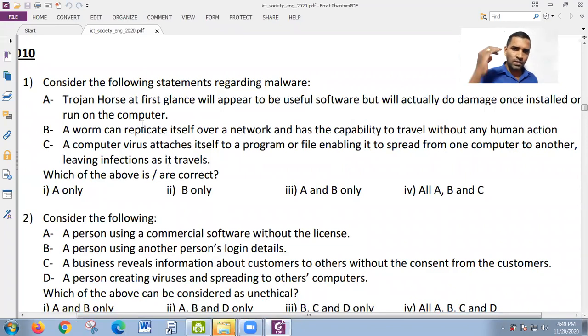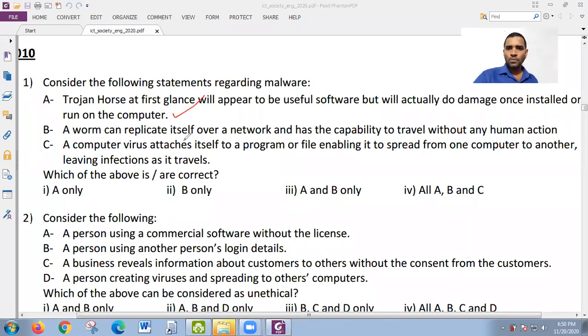So at first glance it will look like useful software, but it does damage when the program is installed. Yes, that is the characteristic of a Trojan horse, right? It shows itself as good software, but when we click on it, it starts damaging, right? So that is okay. The first one is correct.